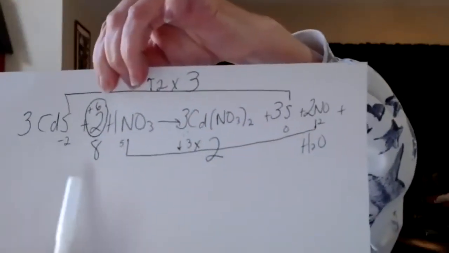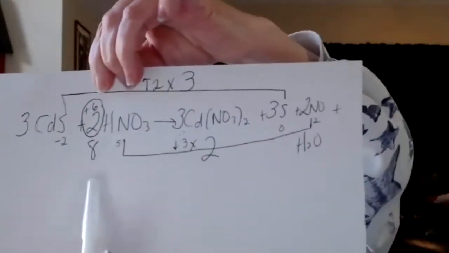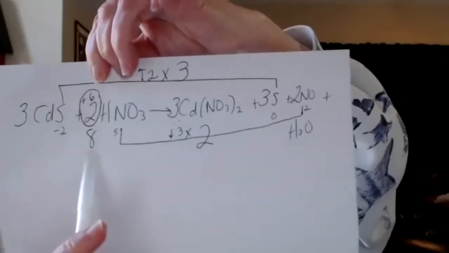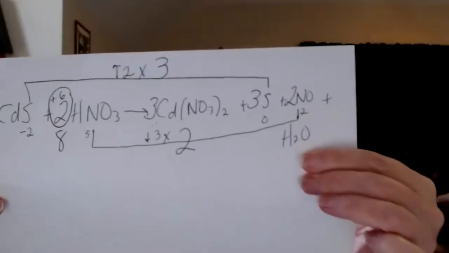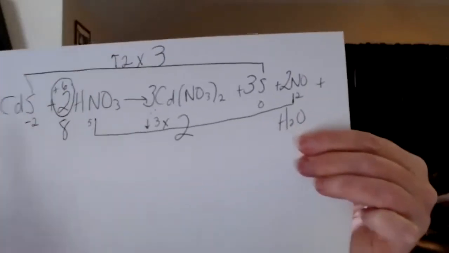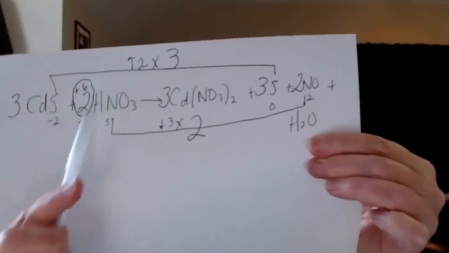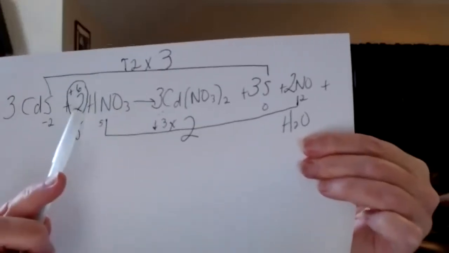So the coefficient now for nitric acid is an 8. Once you get the coefficient for your hydrogens, you can figure out your water. So if I've got 8 hydrogens here, not 2, not 6, but a total of 8 now, then I'm going to need a 4 for the water.